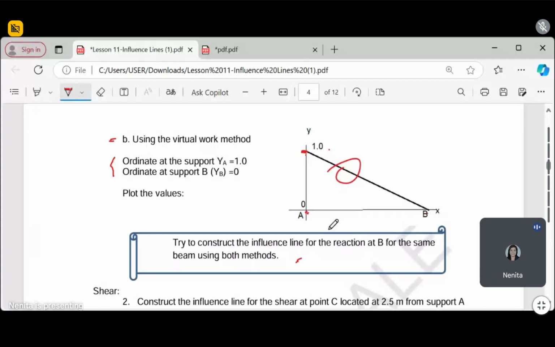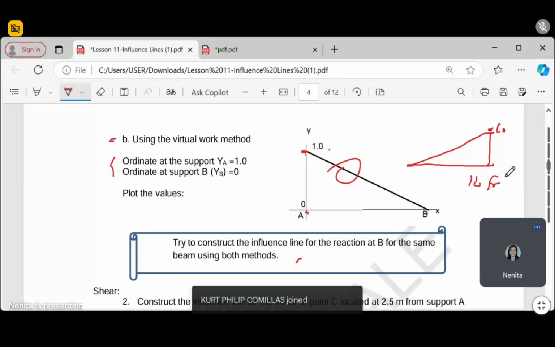You will see the same thing, class. Reaction at B, this will be the value of 1, and this is 0. That will be the IL for R sub B.